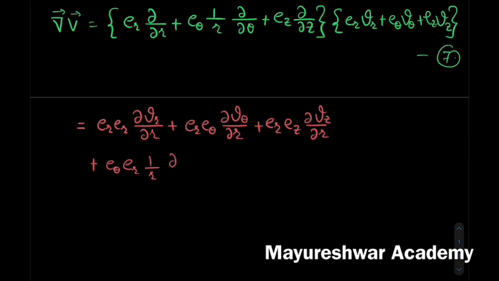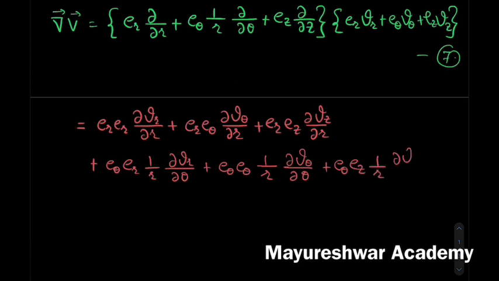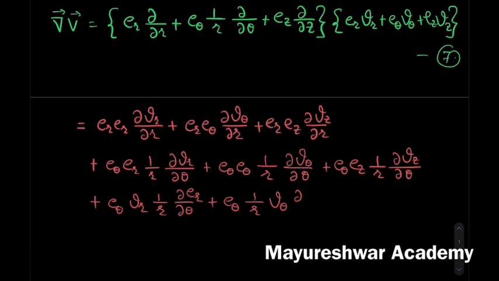Then e theta er 1 over r dvr/d theta, plus e theta e theta 1 over r dv theta/d theta, plus e theta ez 1 over r dvz/d theta, plus e theta vr 1 over r partial over partial theta of er, plus e theta 1 over r v theta partial over partial theta of e theta.